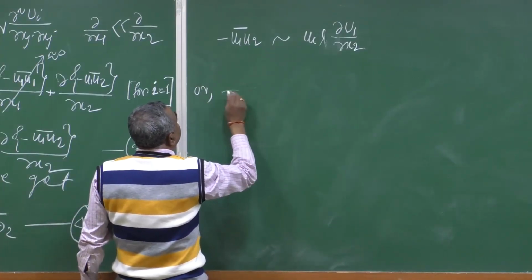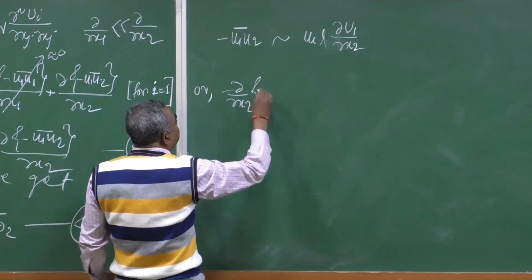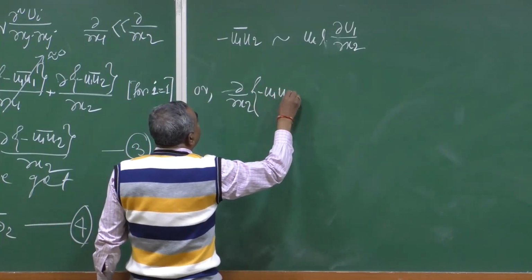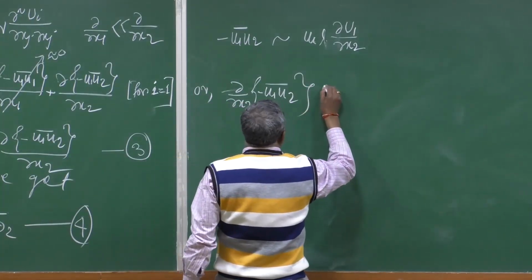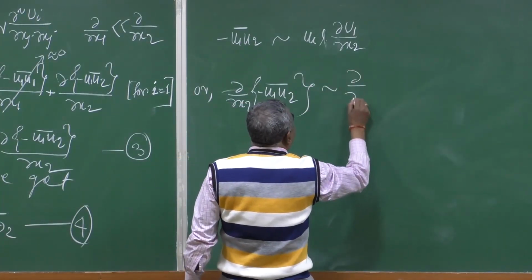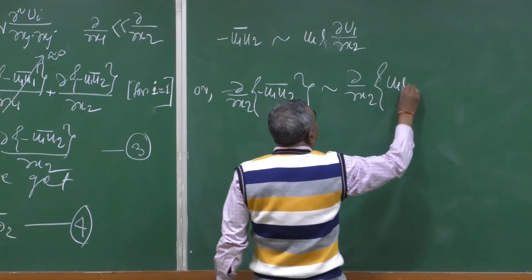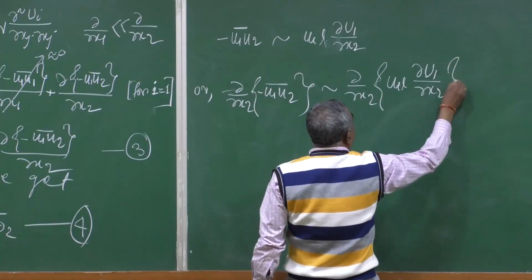So, what we can do is take the derivative of this with respect to x2 on both sides. Then we can write del del x2 of u1 u2 bar equals del del x2 of u_t L del u1 del x2.